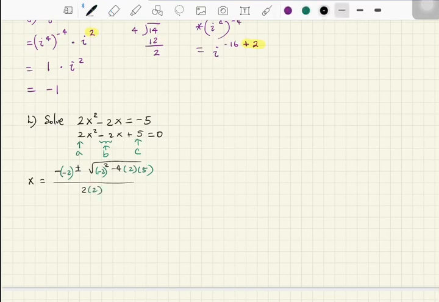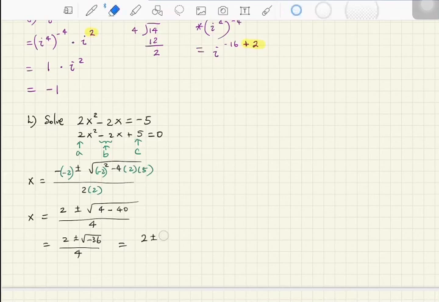So x becomes 2 plus or minus the square root of 4 minus 40, over 4, where 4 minus 40 is negative 36. Negative under the root means we end up with i, and 36 is 6 squared, so 6i over 4.